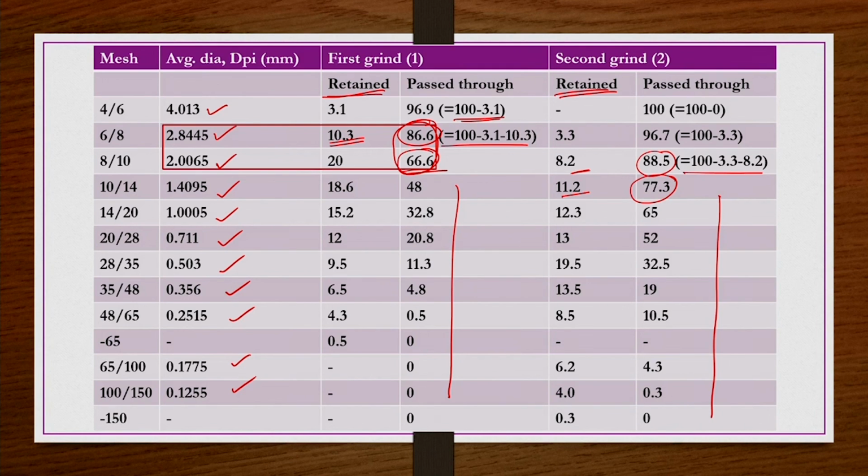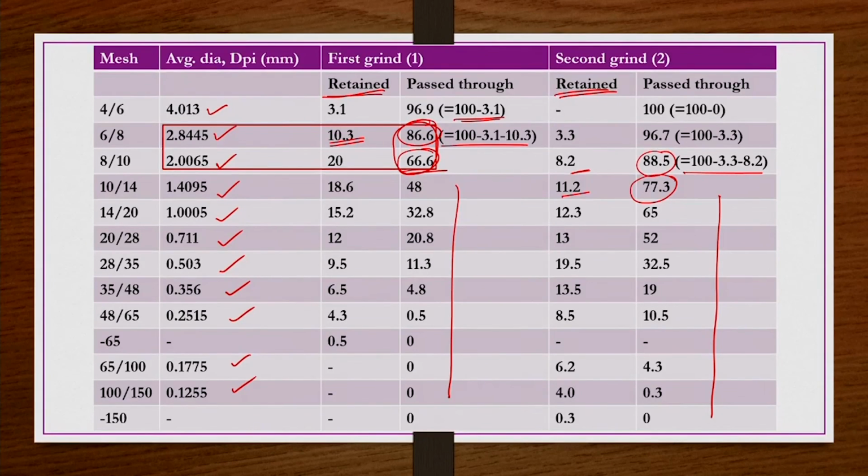So, corresponding to 80%, whatever the DPI is that you are getting, that DPI you should take as DPB for the first grind. Similarly, for the second grind also, you plot the material passed through fraction versus DPI, and then corresponding to 80% whatever the DPI is there, that should be taken as DPB for the second grind.